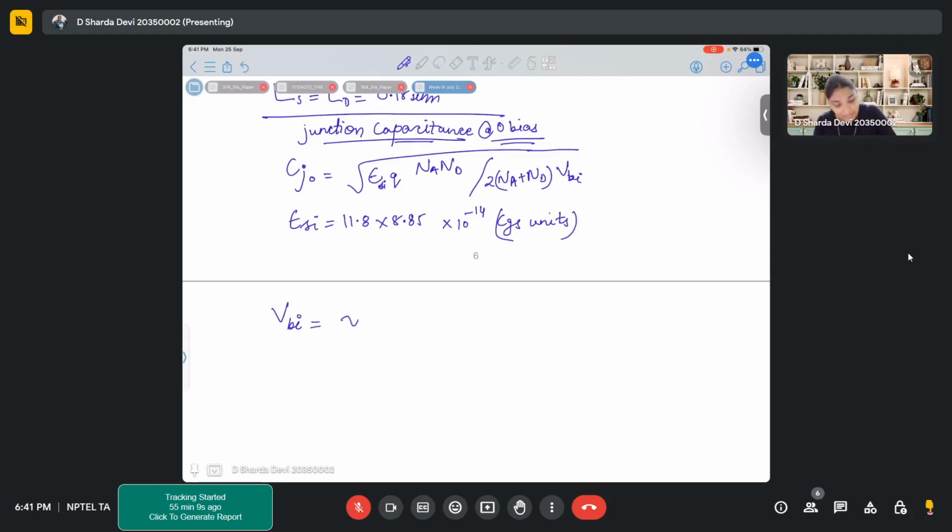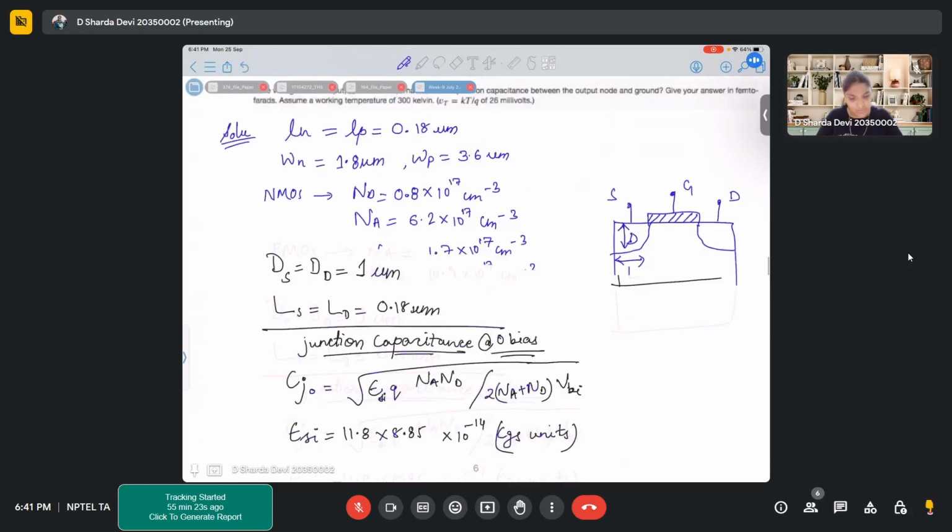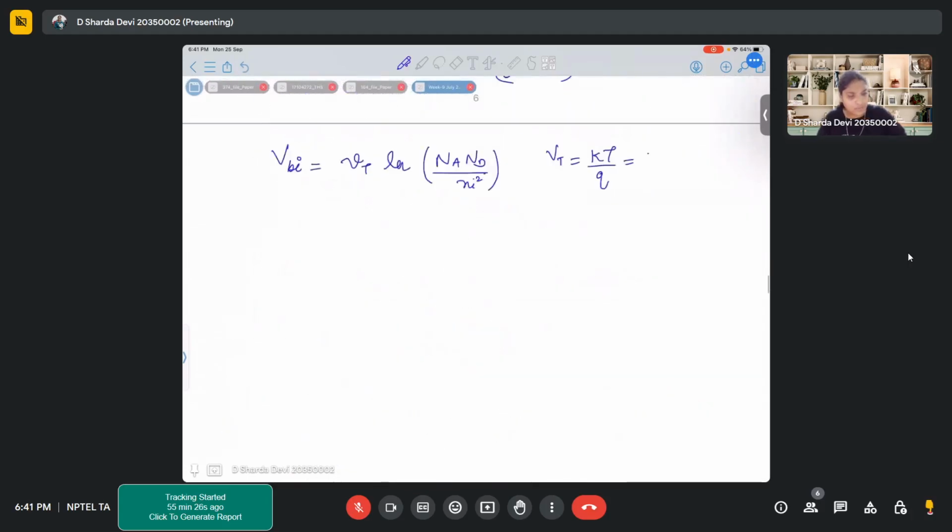It is by VT ln (NA ND upon Ni square), where VT is KT by Q, which is ideally 26 millivolts at 300 Kelvin. Now Ni is 10 to the power 10 per centimeter cube for silicon.